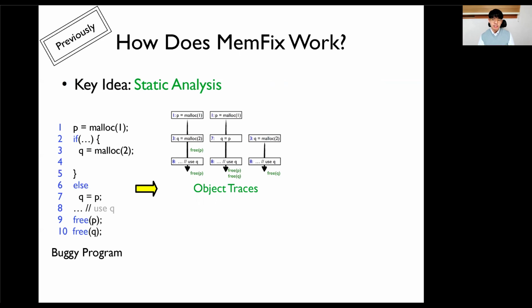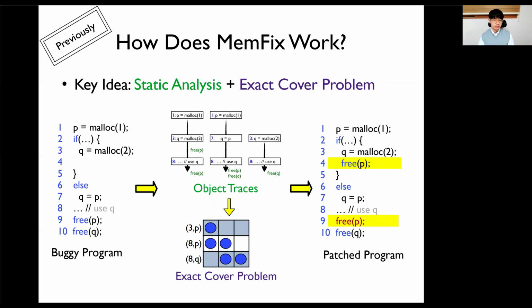More specifically, they use a variant of typestate analysis for tracking all possible deallocation statements for each object. The second key idea is to transform finding a set of safe deallocation statements into solving an exact cover problem, where the solution corresponds to a correct patch for the bug. This is what we learned last time.